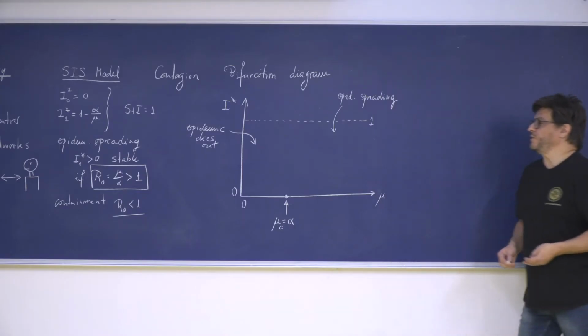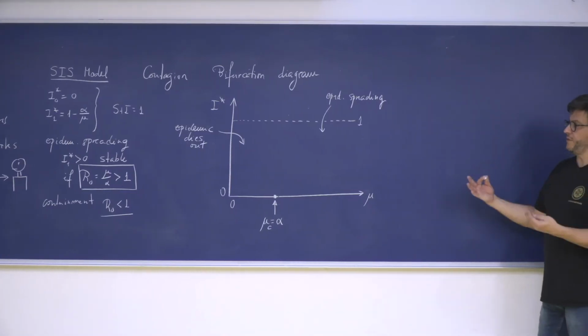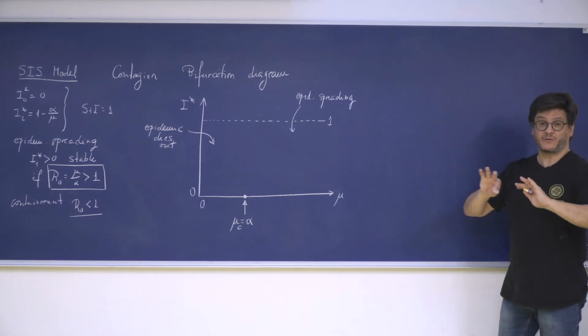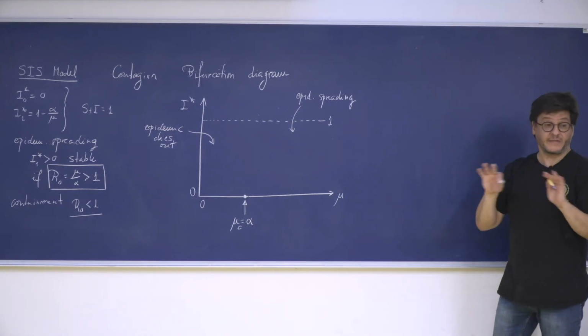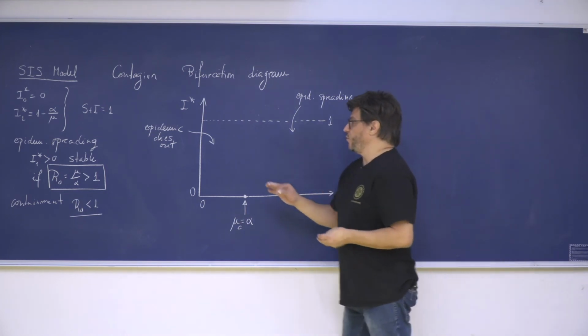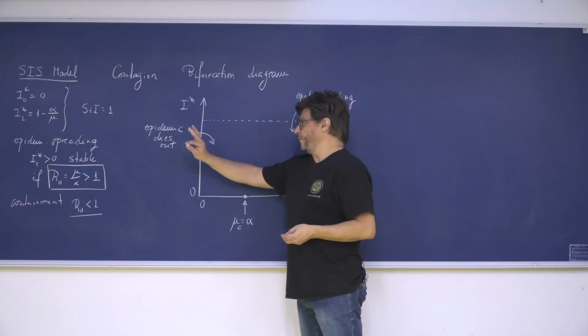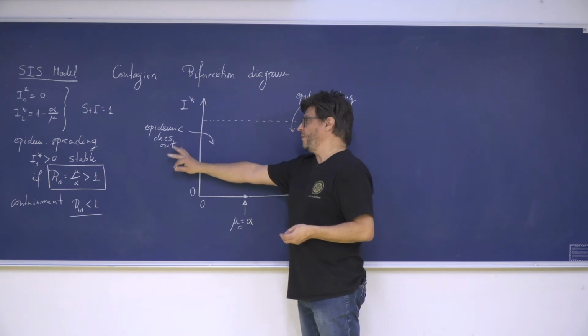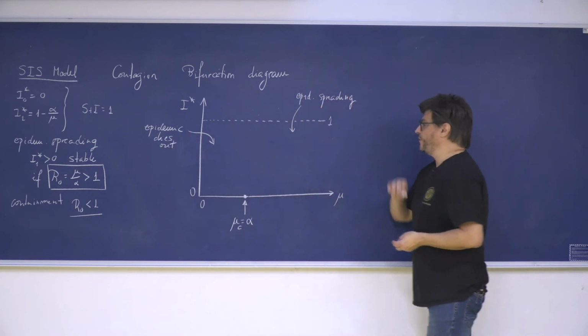Well, in physics, we tend to talk about these kinds of separated states as phases, like phases such as water and steam, etc. We say this is a phase where no epidemic spreading happens. This is the epidemic spreading phase.